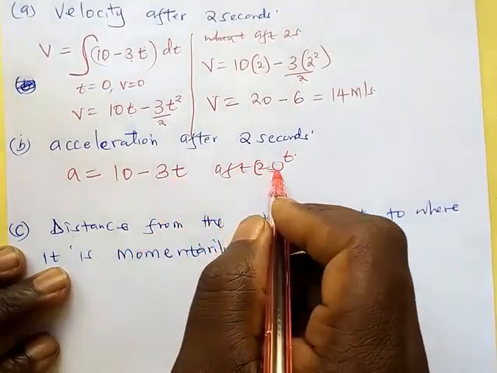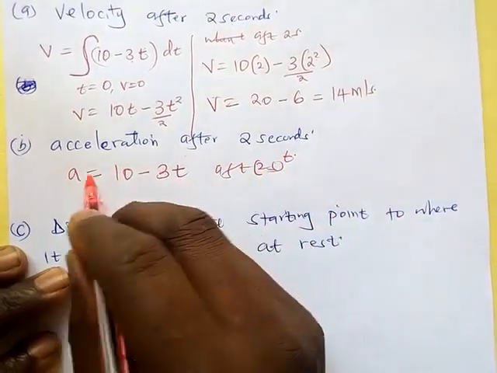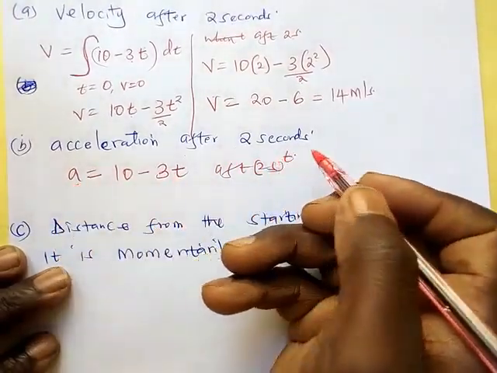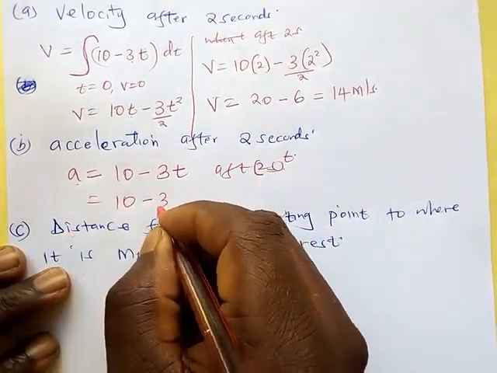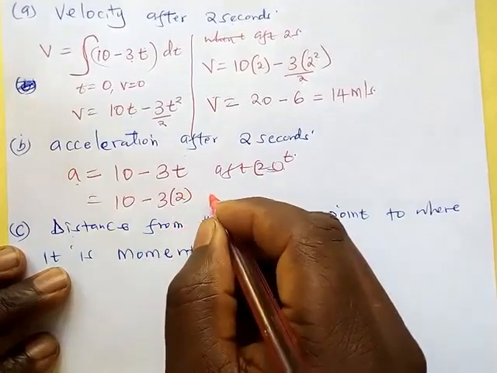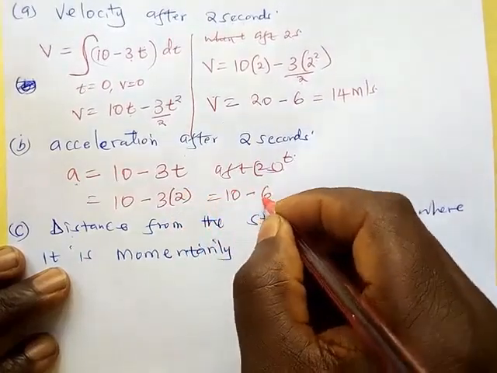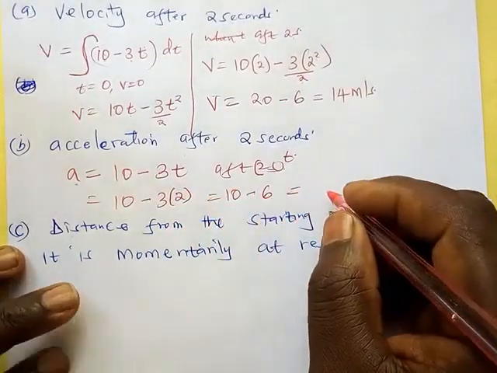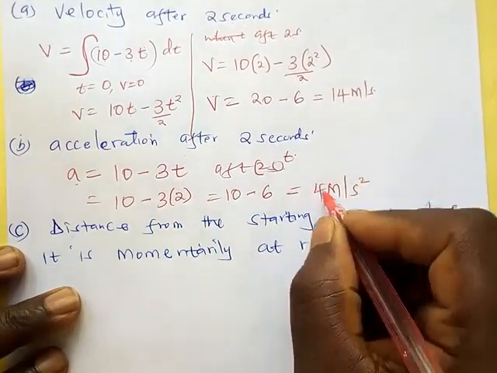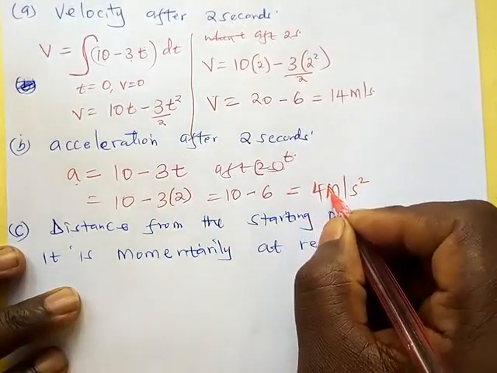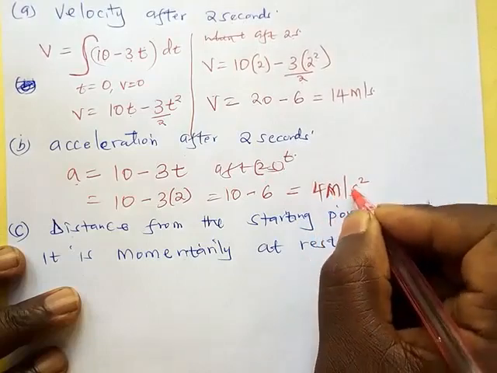So we substitute t in the acceleration and we get the acceleration when time is 2 seconds. That is 10 minus 3 times 2, that is 10 minus 6, which will give us 4 meters per second squared, because this is the SI unit of acceleration.